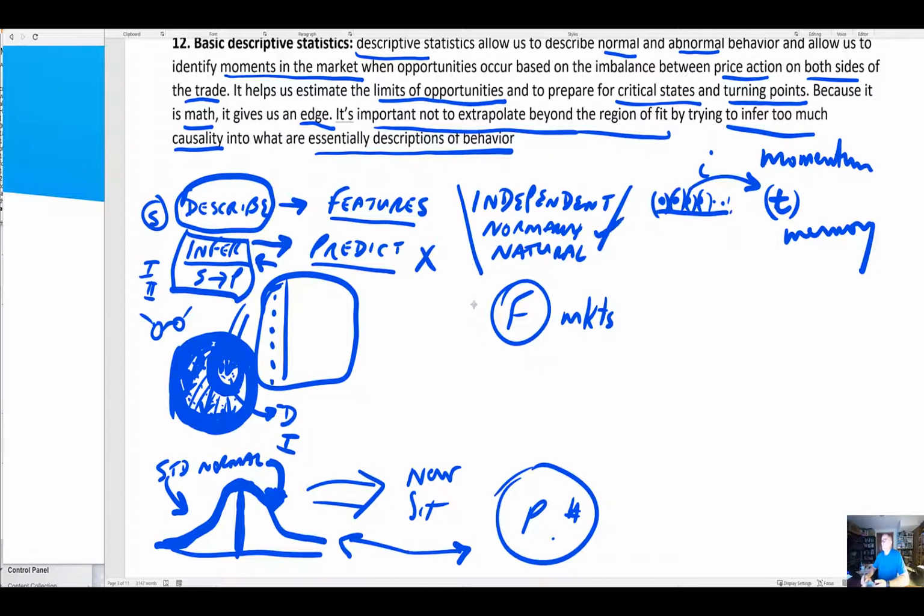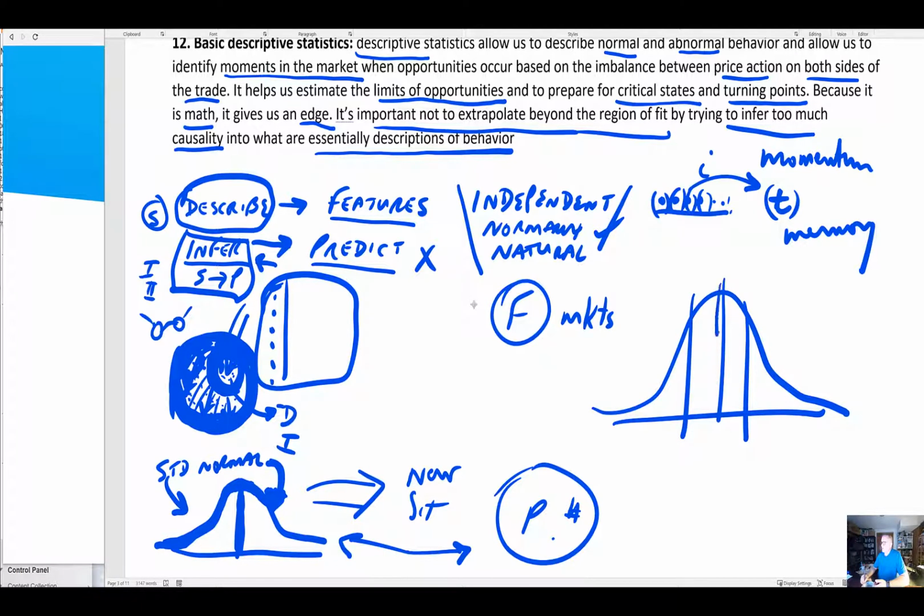Also, the financial markets are not normally distributed. When you look at a standard normal distribution, what you have is something like, inside plus or minus one standard deviation, about 1/3 and about 1/3 of the data.